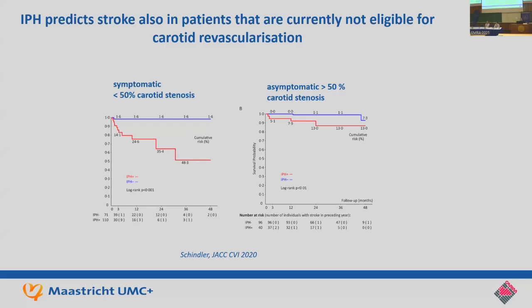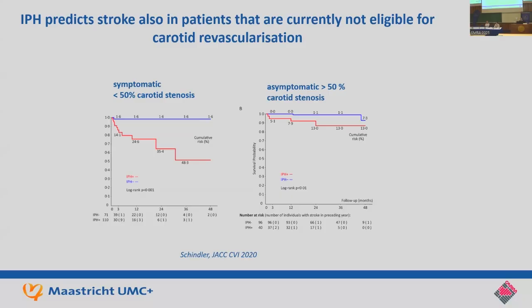Those patients had a risk of almost 50% of experiencing an ischemic ipsilateral stroke within 4 years. And this is a very high risk, considering that these patients are currently not eligible for carotid surgery to prevent a recurrent stroke.